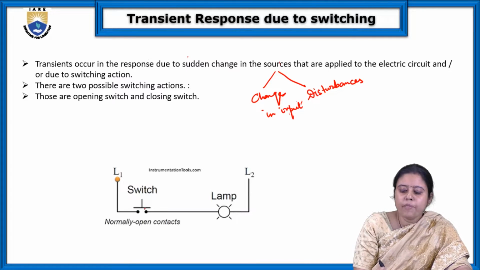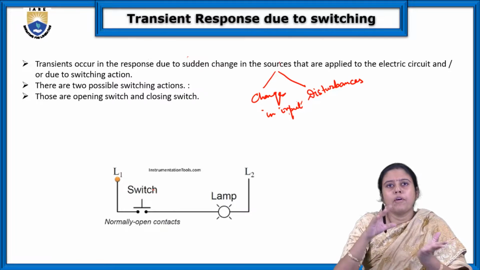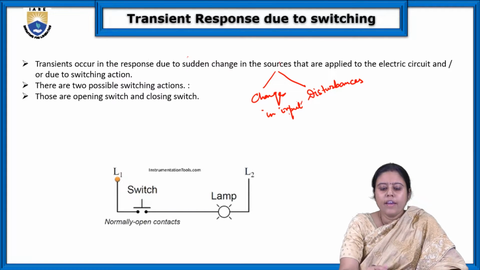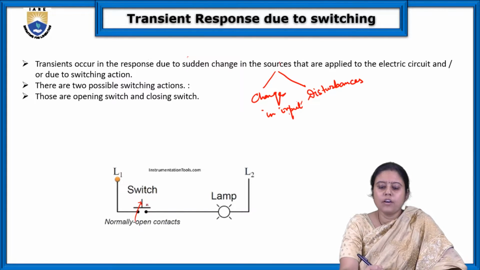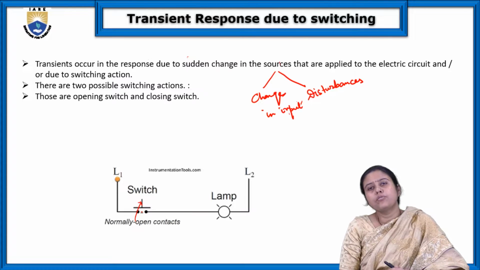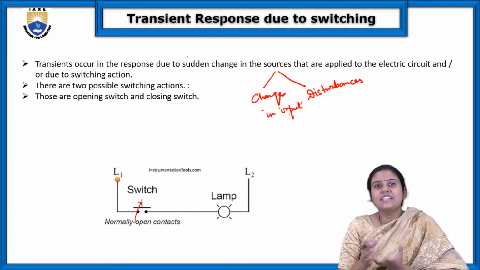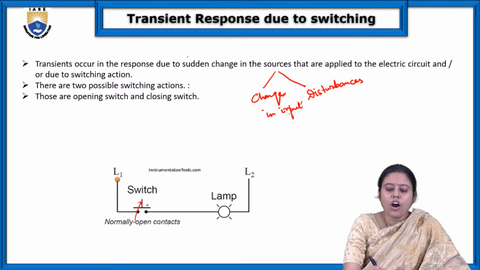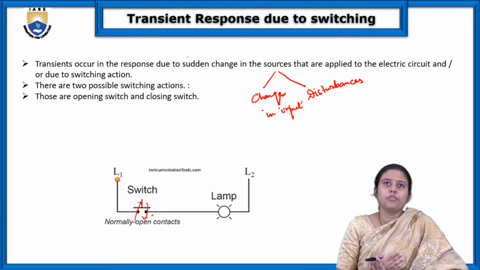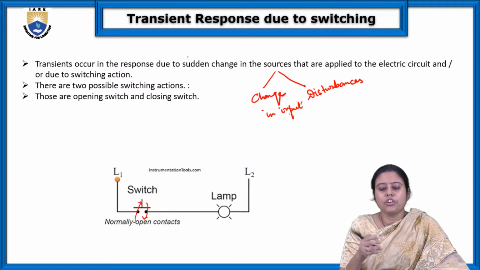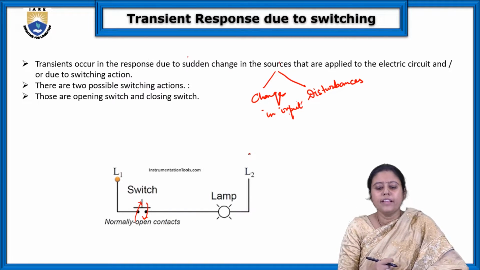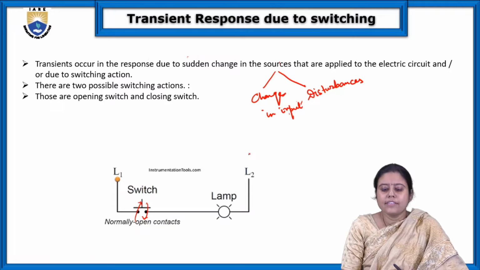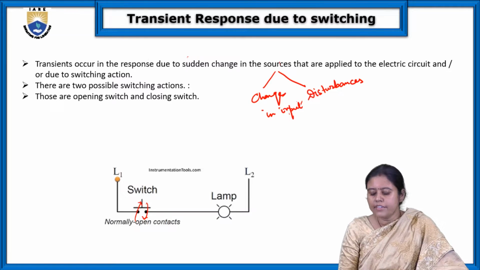If we open the switch, it means it is disconnected, and disconnected means some transient will occur. Or if we close the switch, we are switching on, and the current will get a path. So this is also an example of the transient response.